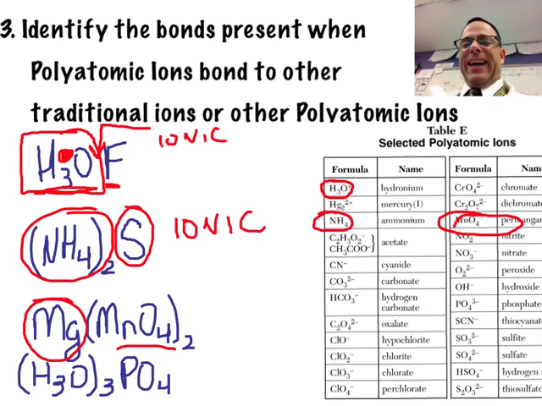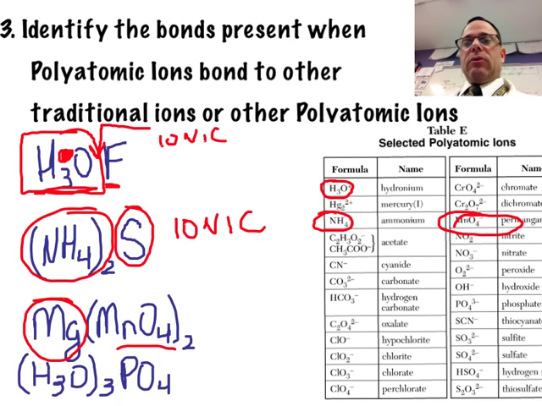So here we have magnesium ionically bonded to permanganate. In fact, that's its name, magnesium permanganate. Covalent bonds holding these two atoms together, while this polyatomic ion is held to the magnesium with an ionic bond.